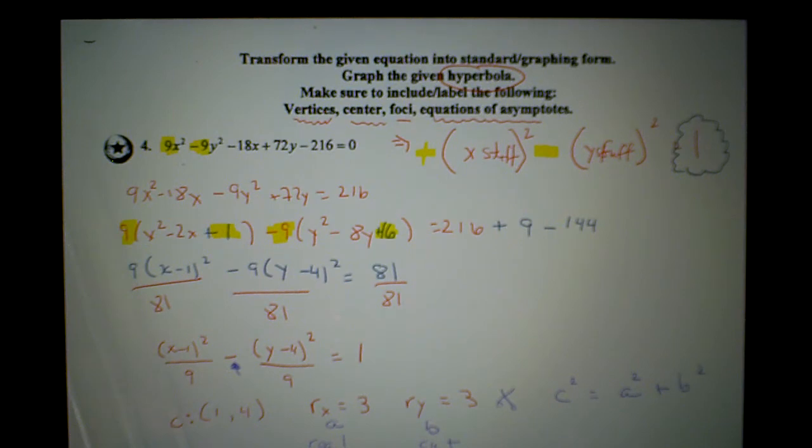So here, C squared is going to be equal to A squared plus B squared, which was 9 plus 9, which was 18. And since I want C, C is equal to plus and minus the square root of 18.